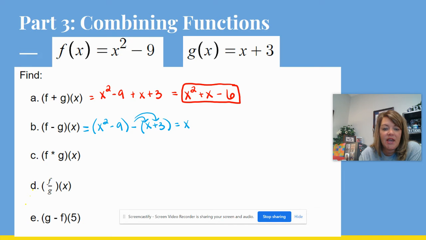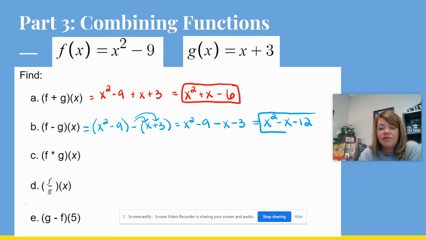So this becomes x squared minus 9 minus x minus 3, which gives me x squared minus x. And then I have negative 9 minus 3 is negative 12. Okay, so there's our subtraction.